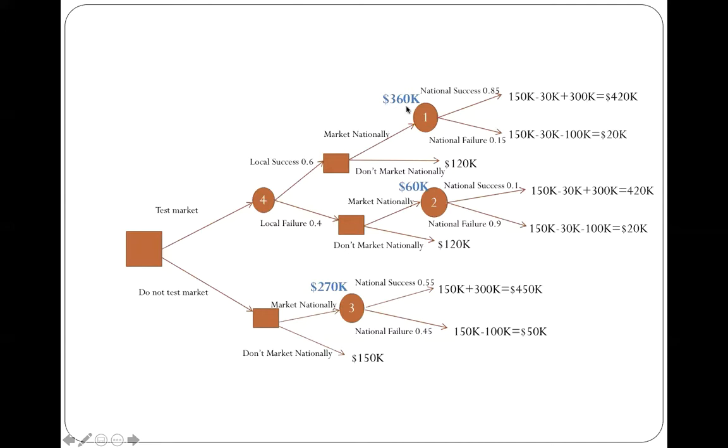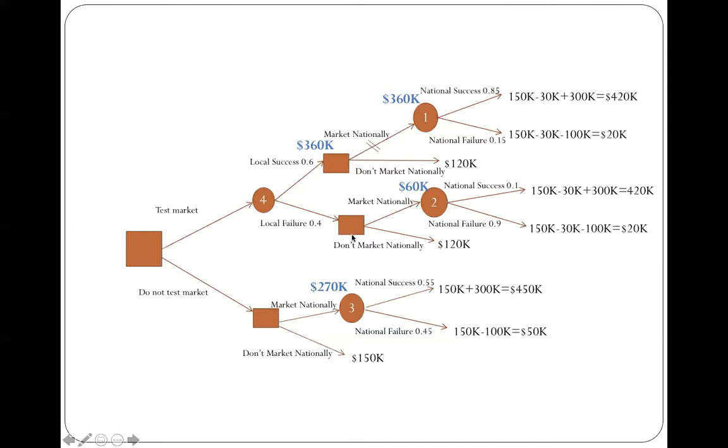Obviously the one that leads to higher value of our assets, and that's the decision of market nationally, which leads to the value of our assets to be 360K. So we put the value of 360K on top of this decision node as well, because it shows that at this point, the decision that we should make is market the product nationally, which is going to give us an expected value of 360K for our assets.